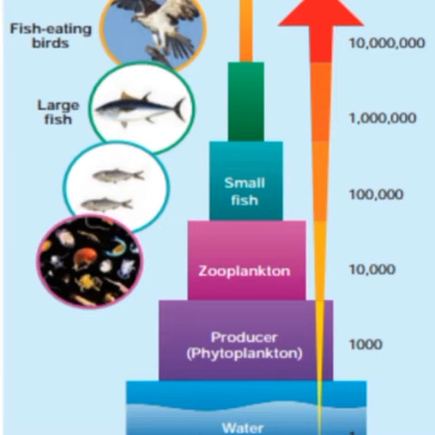Biomagnification, also known as bioamplification or biological magnification, is the increasing concentration of a substance, such as toxic chemical, in the tissues of tolerant organisms at successively higher levels in a food chain.